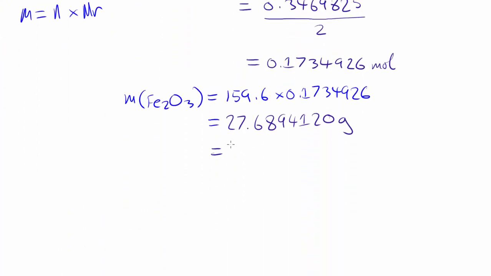It's going to be 27.6, and so if we round this up, it's going to be 69, right? So 27.69, and that's a mass, so it's going to be in grams, to 2 decimal places. Okay, so in this case, that is what our mass of Fe₂O₃ is going to be.